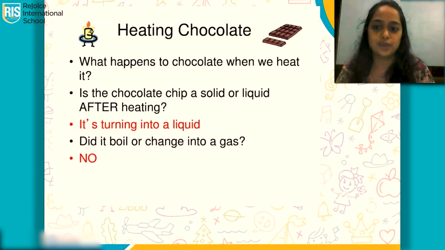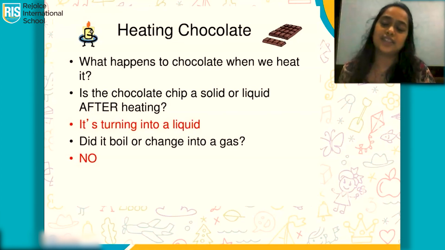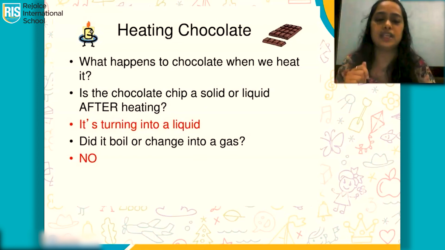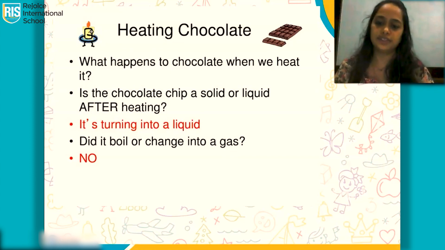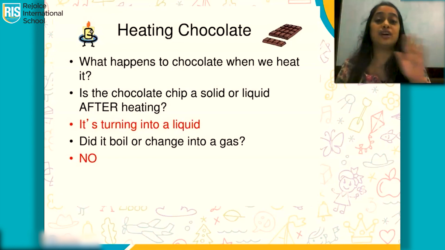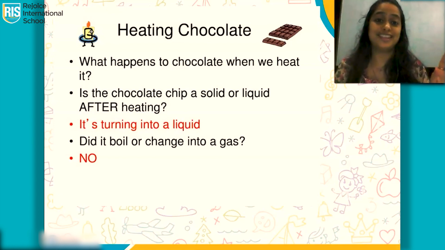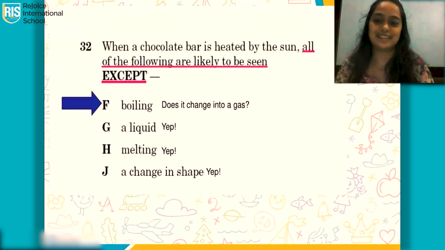You will be able to tell that it starts melting. Chocolates melt very easily. Within 45 seconds of heating, the solid state starts converting into liquid state. Did it boil? Did it change into a gas? It just melts. It doesn't start evaporating. It just melts. The boiling point is not reached yet.